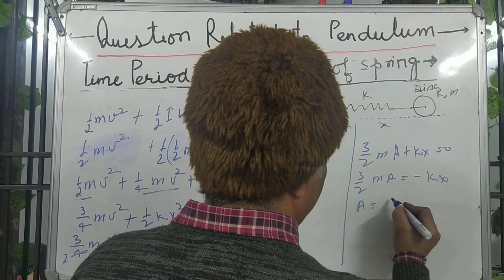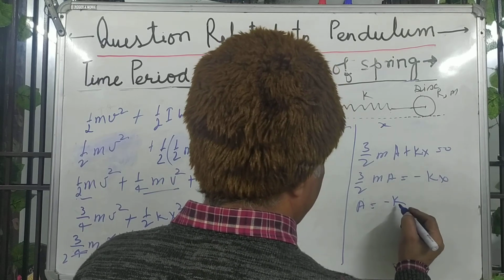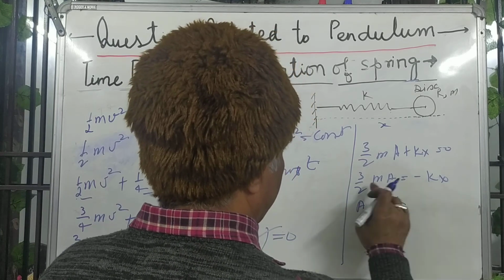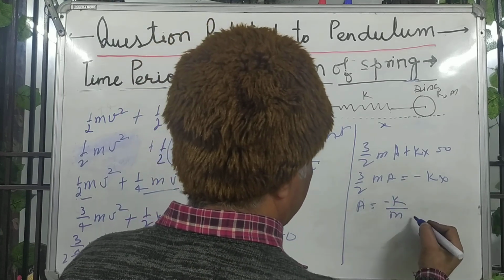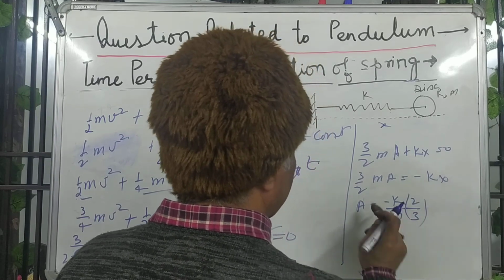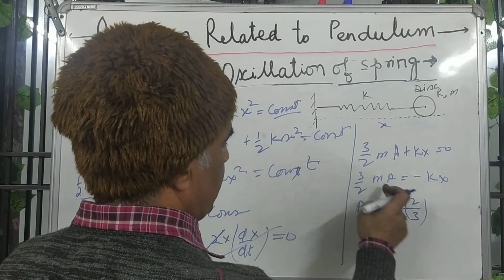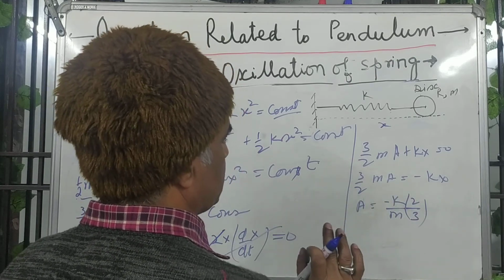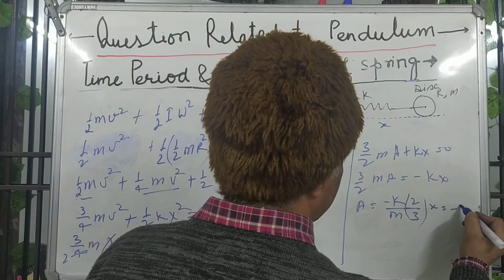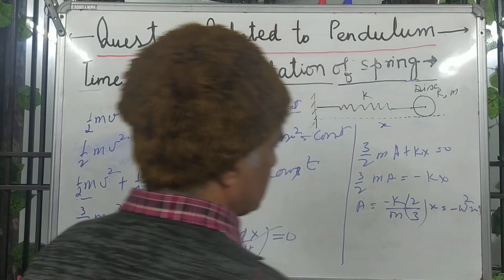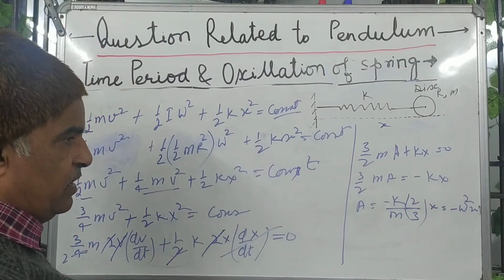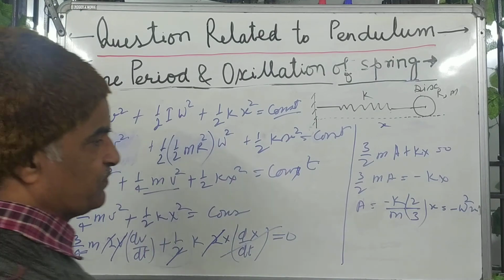So a equal minus k by m, and 3 by 2, 3m by 2, minus kx. This is minus omega square x. According to SHM, this is the equation of acceleration.